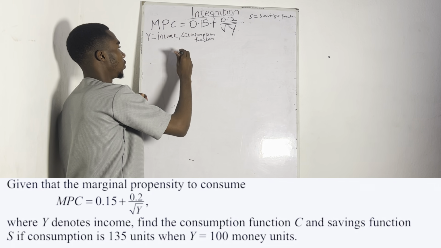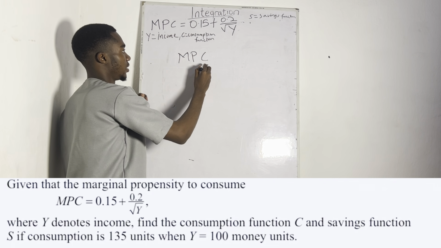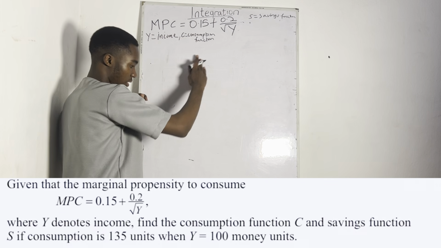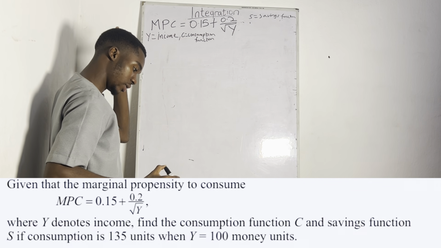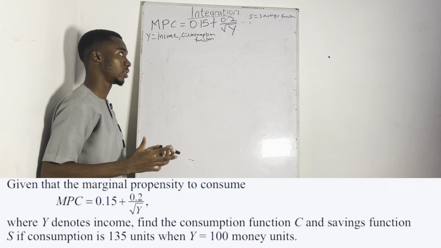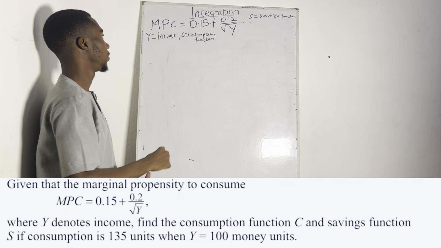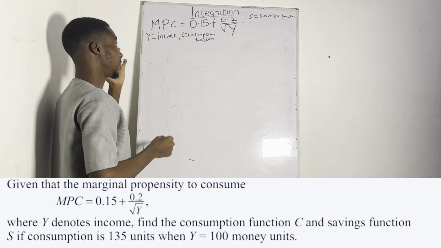This one, they give you marginal propensity to consume. You have to find the C, which is the consumption function, right? So find the consumption function C and the savings function. So we first have to find the consumption function before you can find the savings function. I'll show you how to do it. So now we are about to find the consumption function C. In the consumption function C, we are going to integrate.